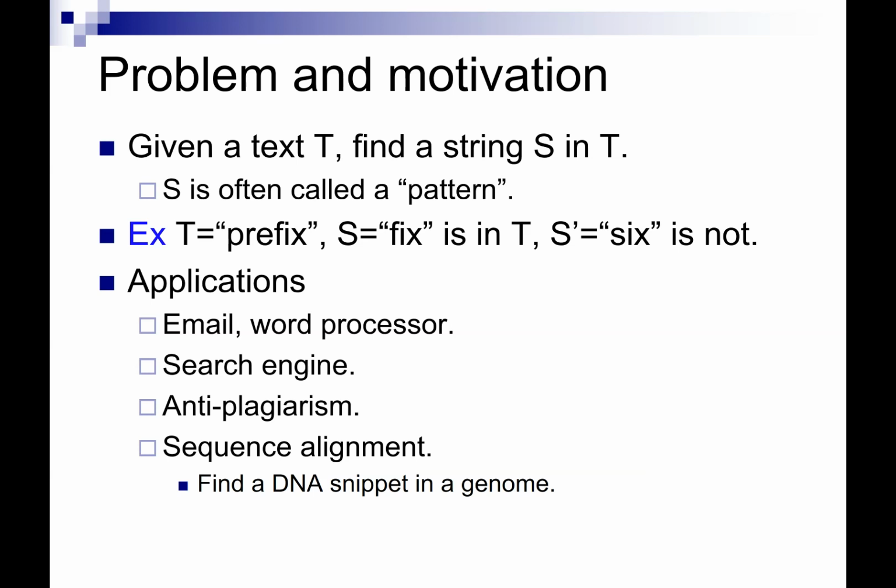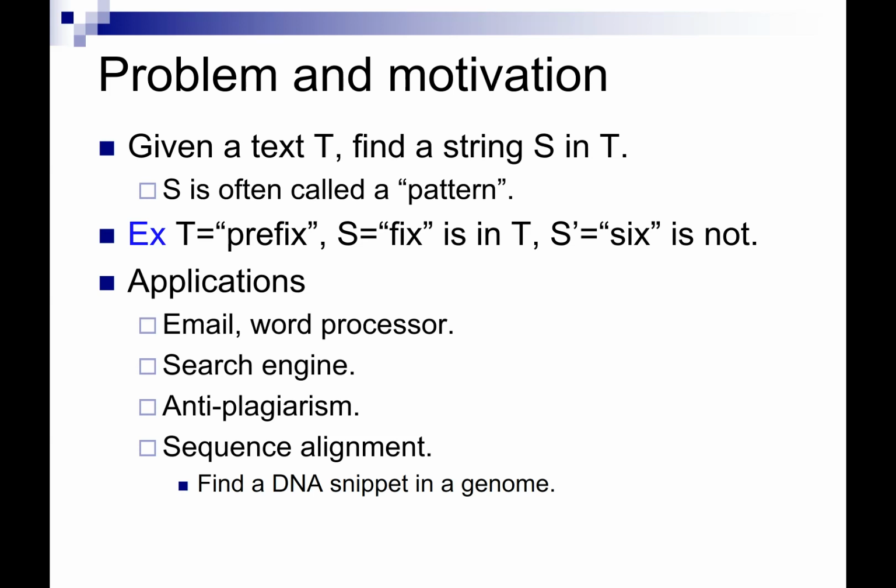Another very important application in practice is in computational biology. For example, there's a problem called sequence alignment, where you take two genomes. Let's say you have two different people and you sequence their genomes and you want to compare them. The genome is represented as a large string of nucleotides, the A, T, C, G different nucleotides.